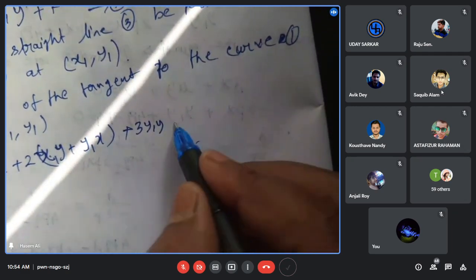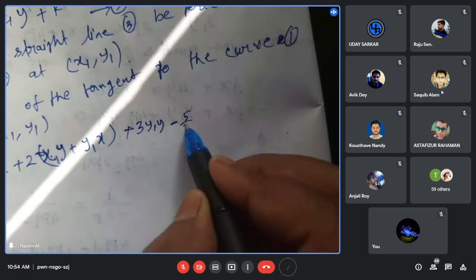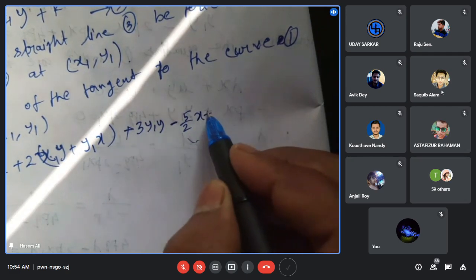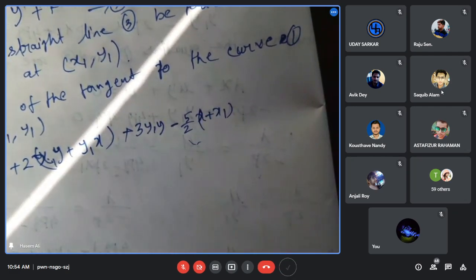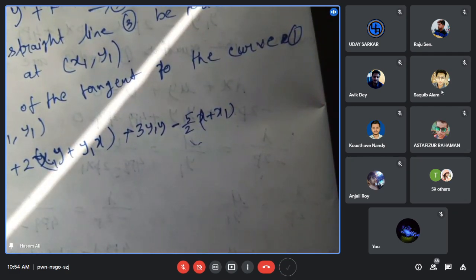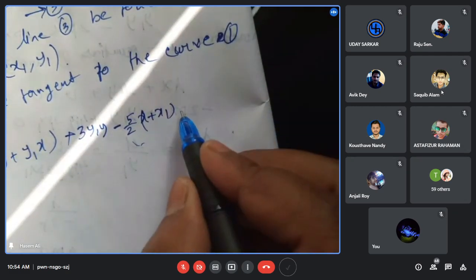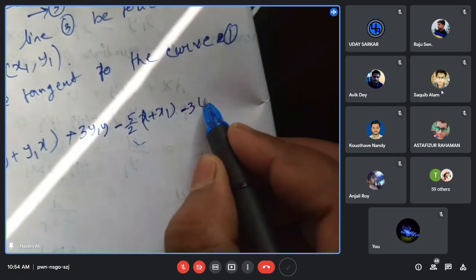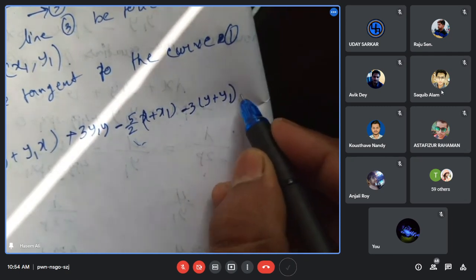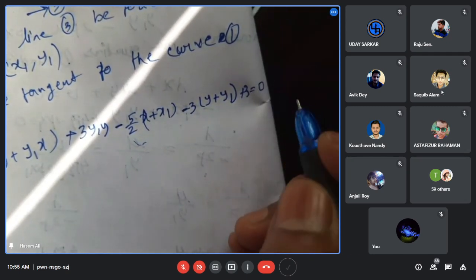Minus 5x means minus 5 by 2 into x plus x1, because x plus x1 instead of 2x. Now minus 6y means minus 3 into y plus y1, plus 3 equals to 0.